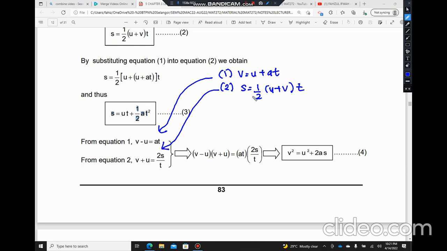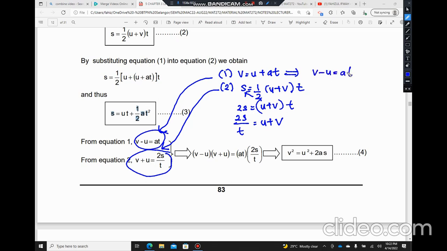So 2s equals u plus v darab t, and then 2s over t equals u plus v. So kita dapat equation yang ni, daripada v equals u plus at, and then v minus u equals at.